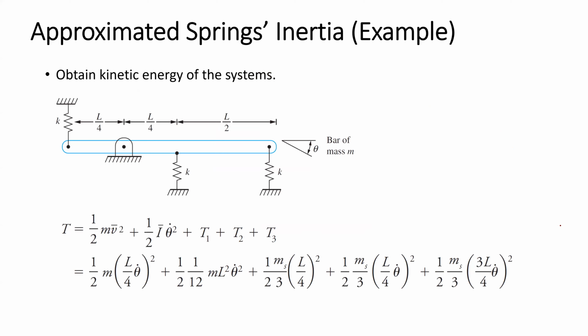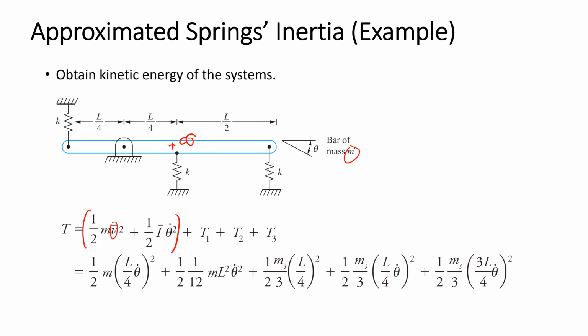When we cannot neglect the mass of the spring, the total energy of this system is going to be the bar. The bar has the CG and has the velocity at the CG, and the bar has the mass m.